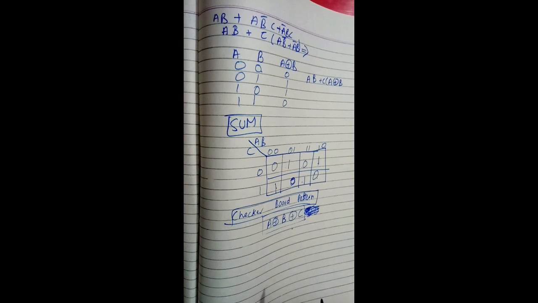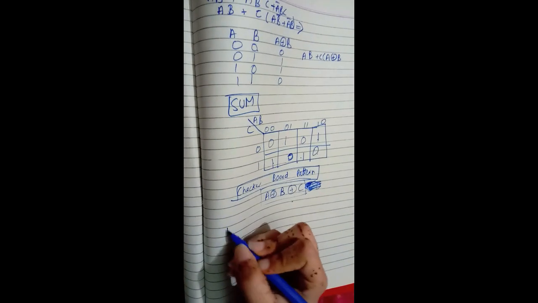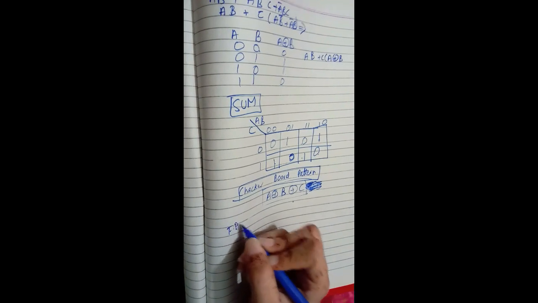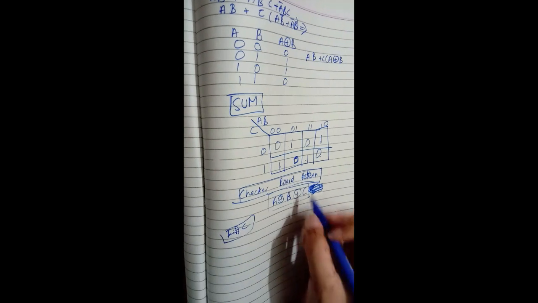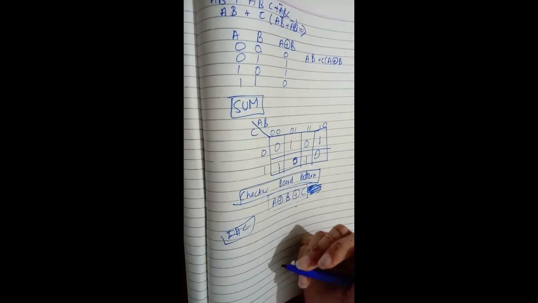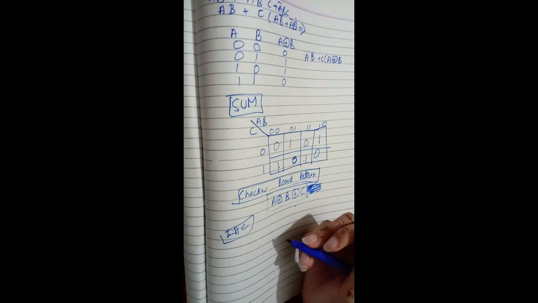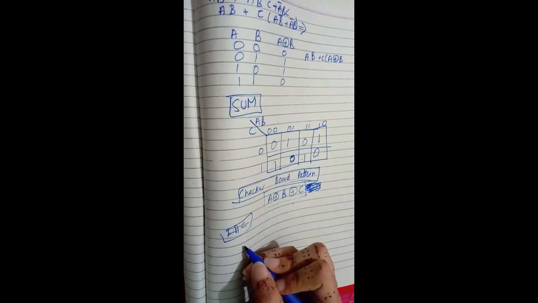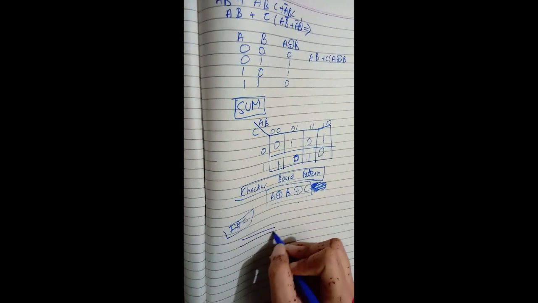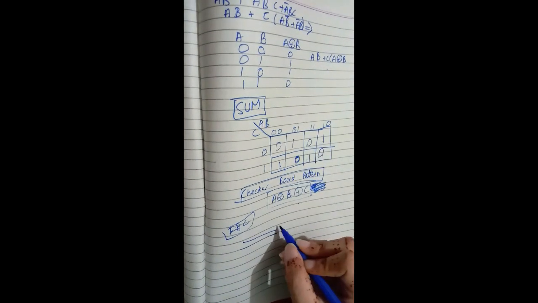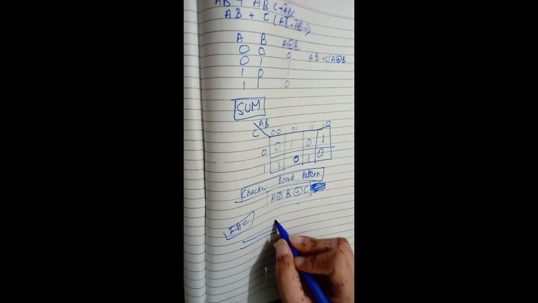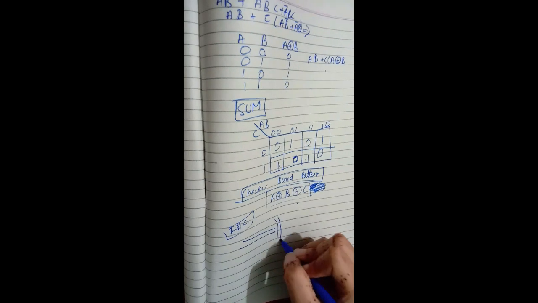Now we will make the circuit for the full adder circuit. First we will draw for the sum, and then after we will draw for the carry. So see it carefully. This is our result of the carry.